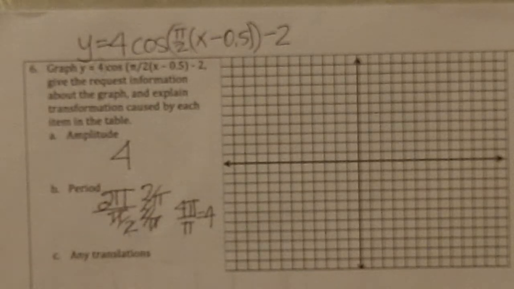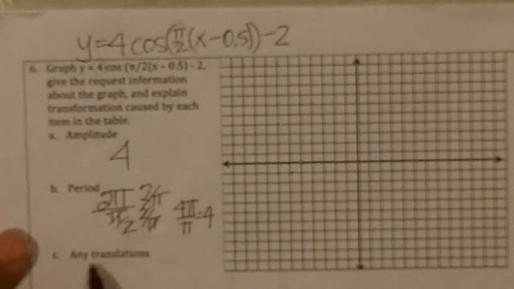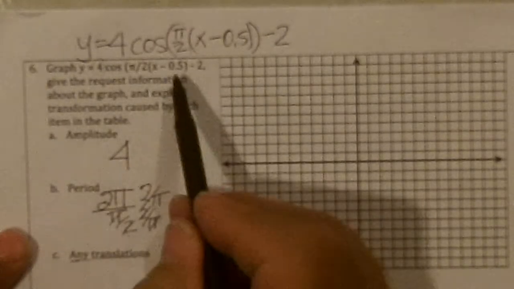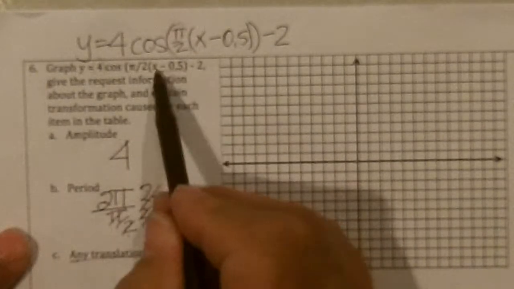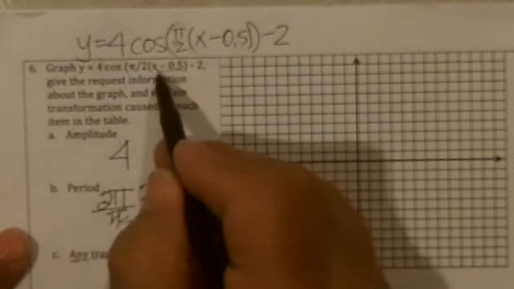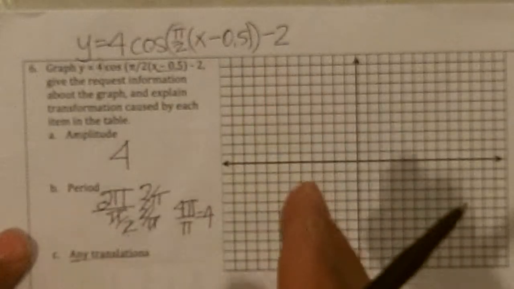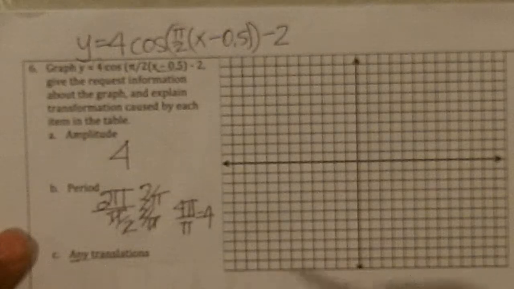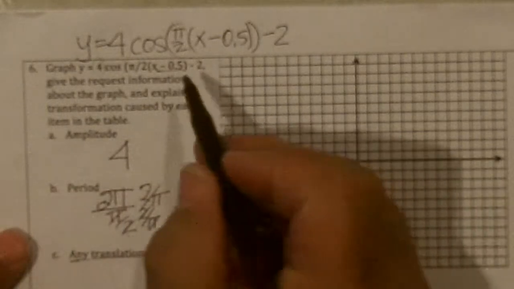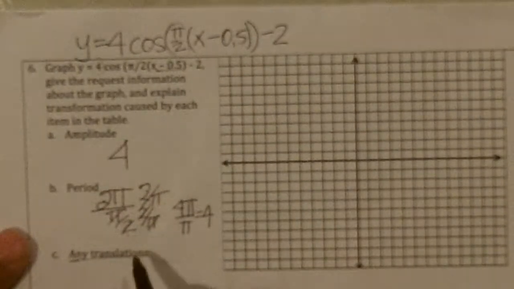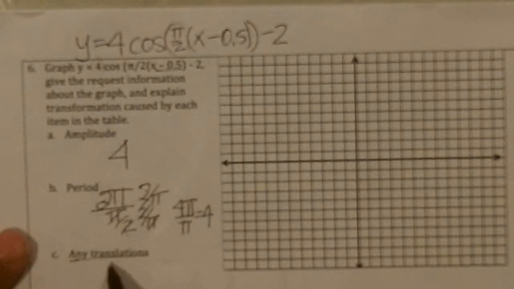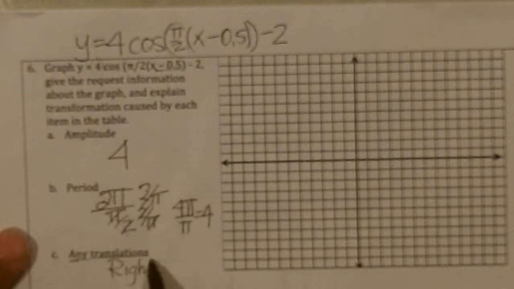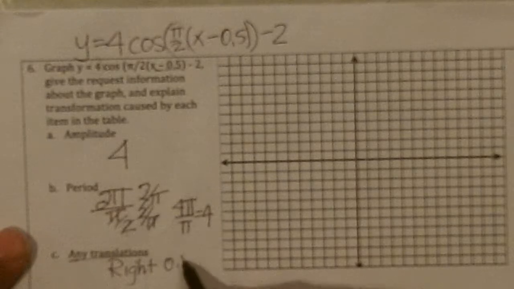So, with those two things, it asks, are there any translations? Yes, on this curve there's a subtract 0.5 on the x, on the inside. Subtracting from the x moves things horizontally, opposite of what you think, so it will move it to the right 0.5.